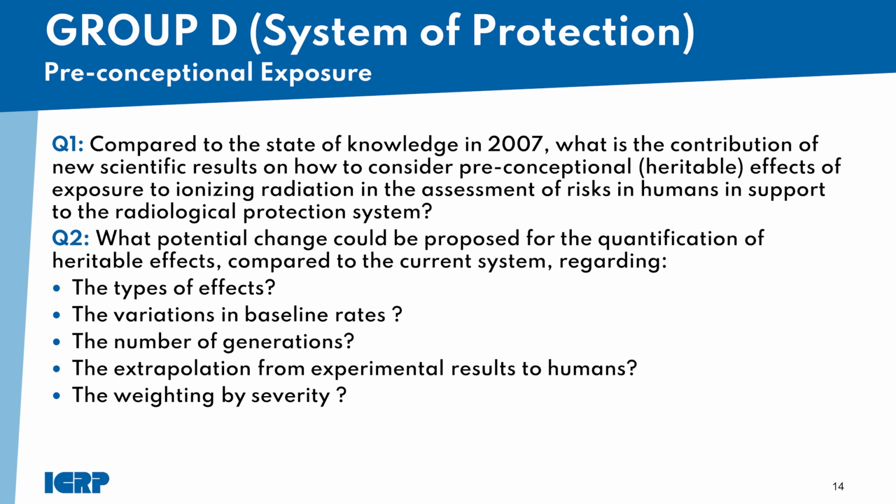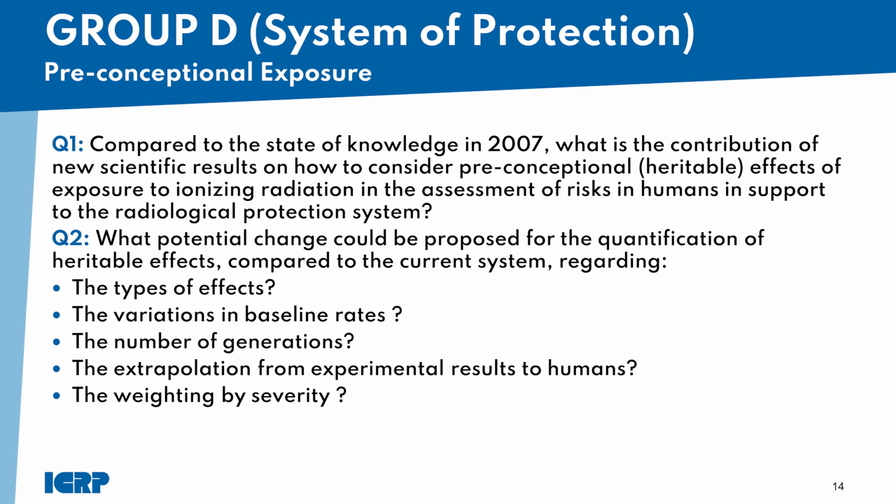I think we can change it a little bit and not say what is the contribution of new scientific results, but what are the questions today and what we expect from a review of the scientific literature. And question 2 is coming with that, potential changes in the quantification of heritable effects.